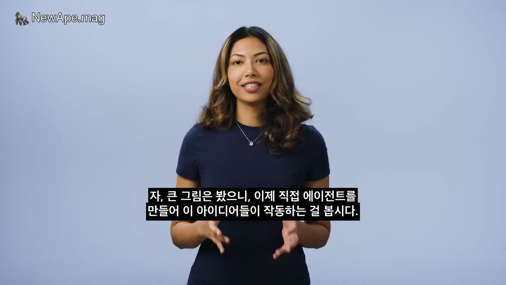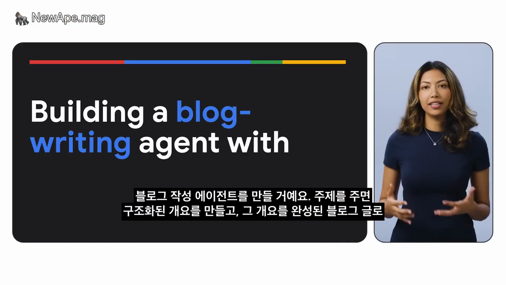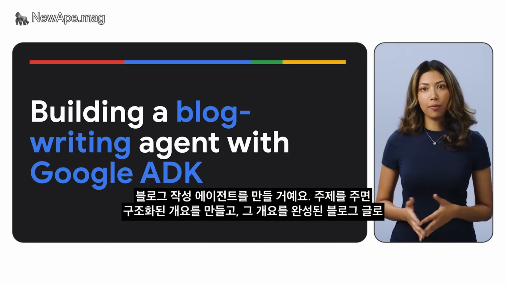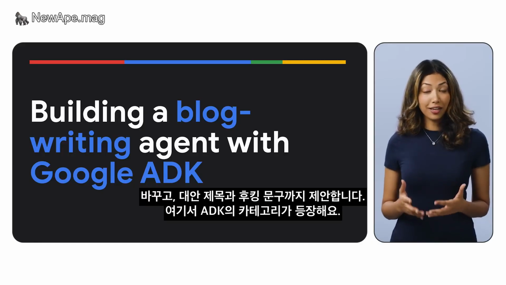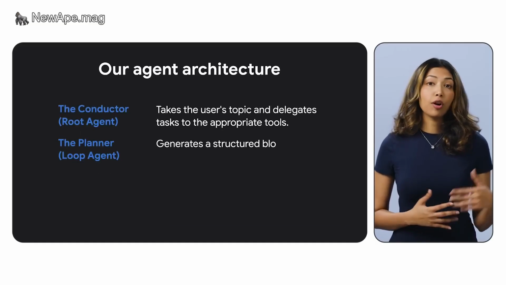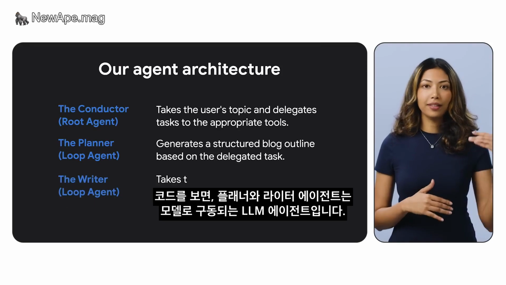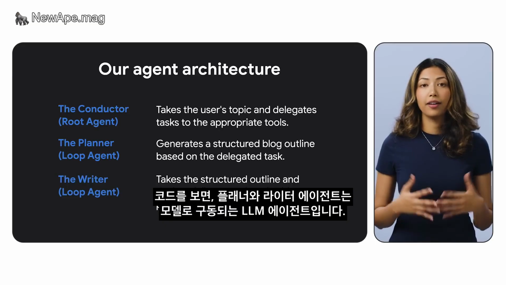Now, let's actually build an agent so you can see these ideas in action. We'll build a blog writing agent. You give it a topic, it will generate a structured outline, turn that outline into a full blog post, and then suggest alternative titles and hooks. This is where ADK's categories come in. As we walk through the code, notice how the planner and writer agents are LLM agents, which are powered by a model.